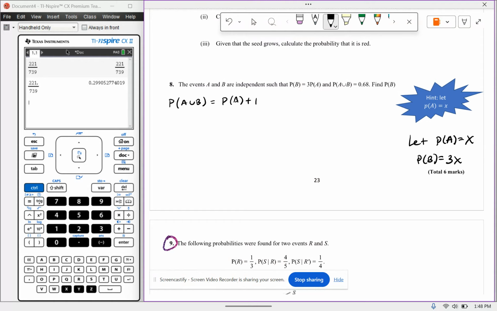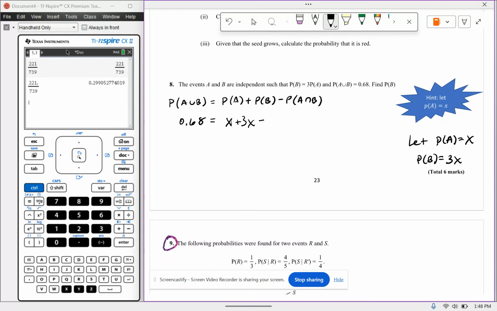All right. Let's see if we can fill in any of this stuff. I have the probability of A or B is 0.68. I have the probability of A is X. I have the probability of B is 3X. And then, the probability of A and B. Can anyone tell me where that could come from? Independence.